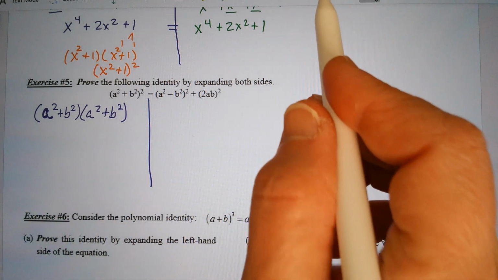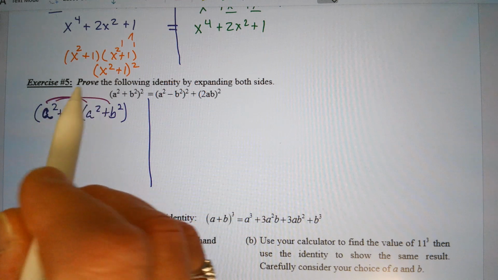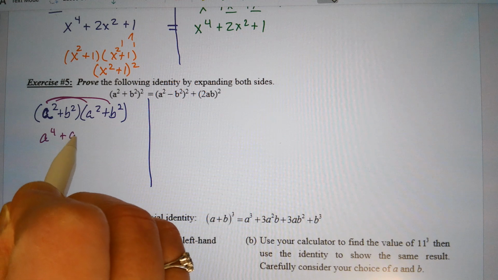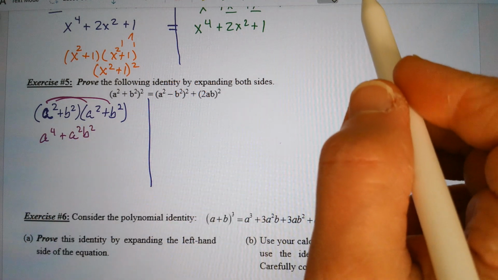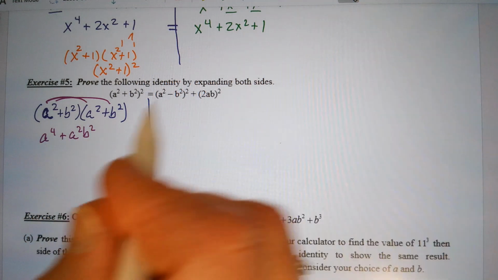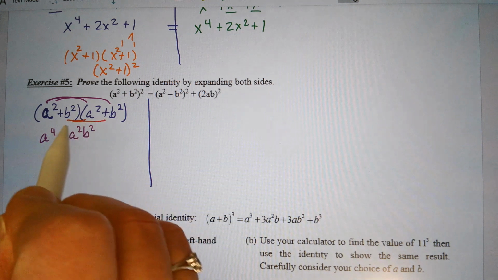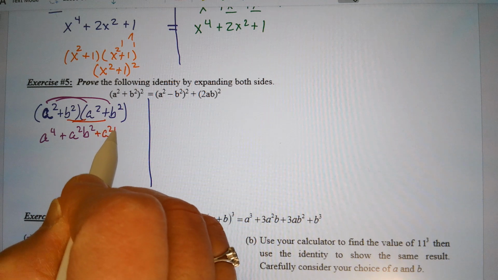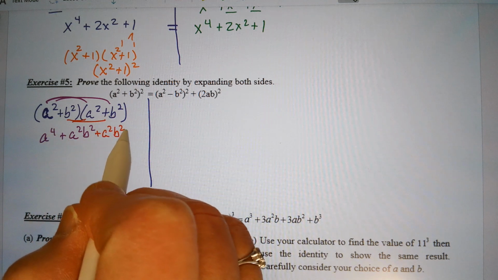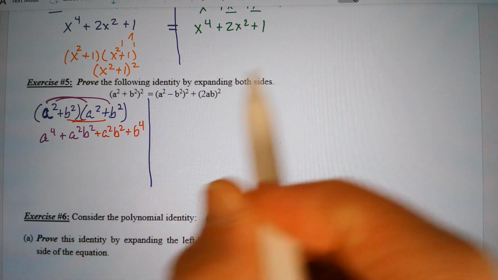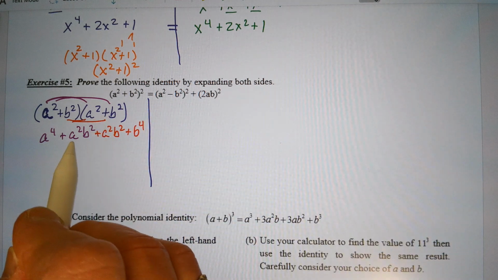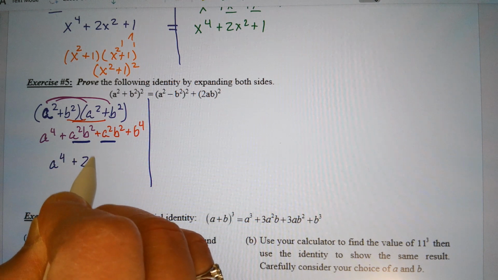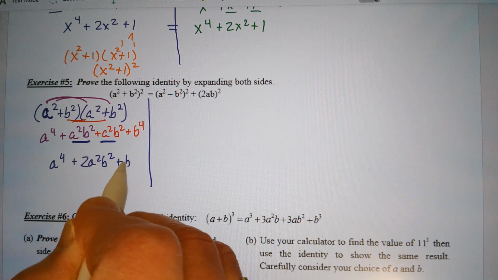Double distribution: a to the 4th plus a squared b squared plus b squared times a squared is a squared b squared, and b squared times b squared, b to the 4th. Combining like terms, a to the 4th plus 2a squared b squared plus b to the 4th.